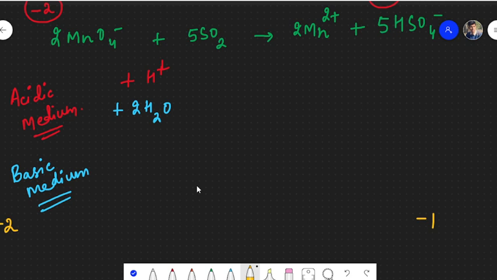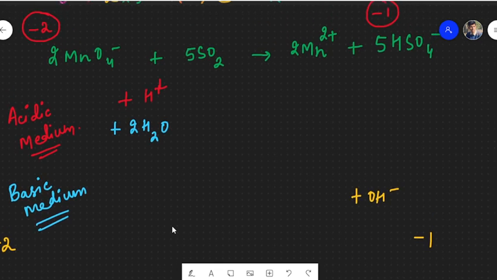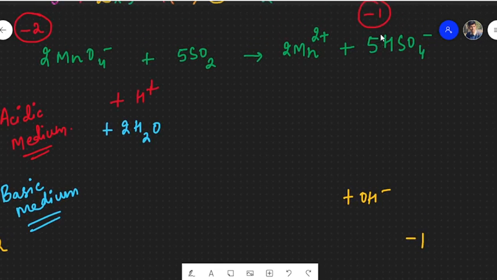So to balance the charge we are going to use OH⁻, hydroxide ions. On the product side I am going to add one OH⁻. So the overall charge on the product side has become -1 and this -1, so -2, and on the reactant side it was already -2. So everything is fine.